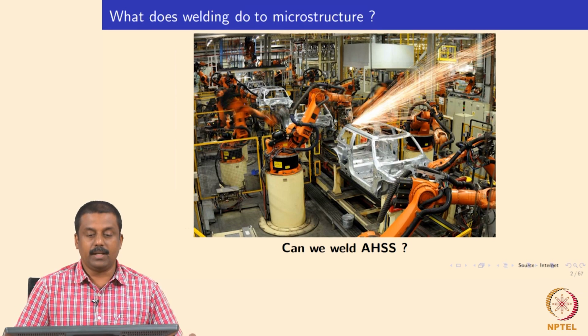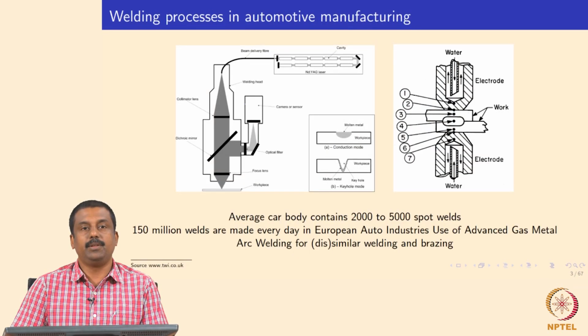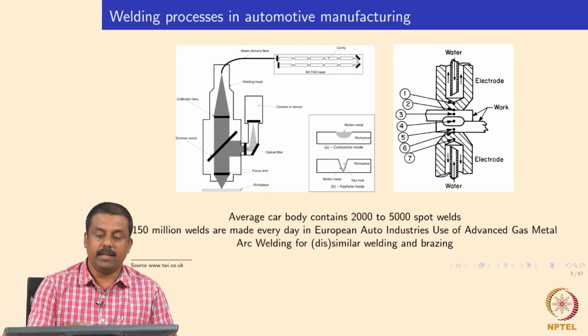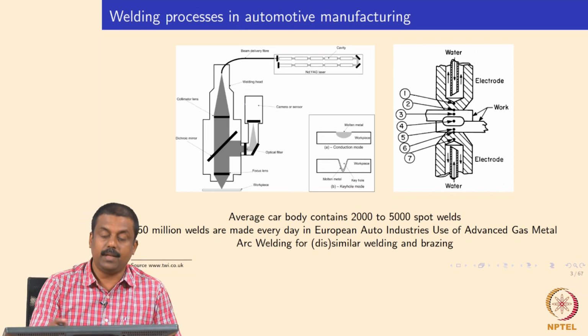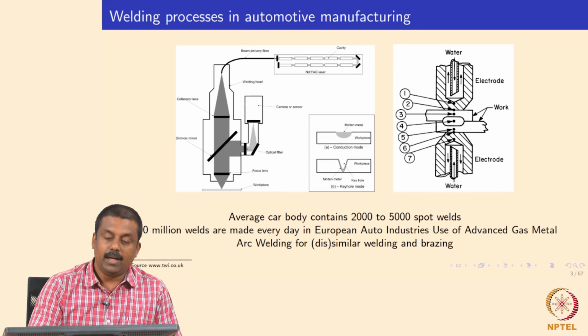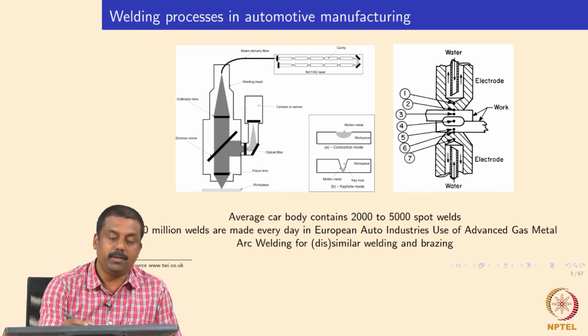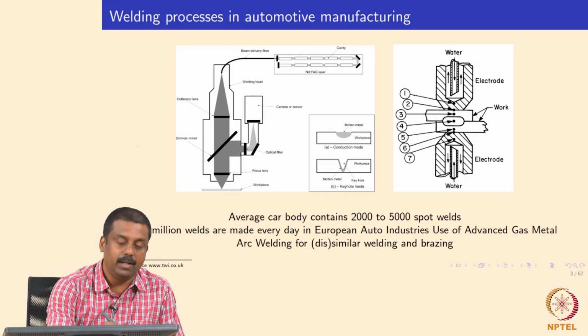Okay, so if you look at the important welding processes that are actually used in automotive industries, the majority of the welding in the automotive industry is carried out either by laser welding or resistance spot welding. So I just gave two schematics. We won't go into detail about this process now, but we will go on one by one. If you look at the images, this is the typical schematic of laser beam welding.